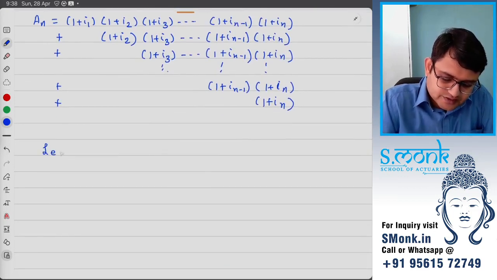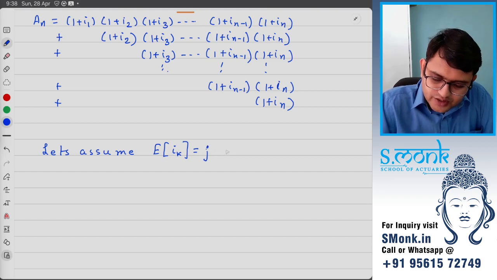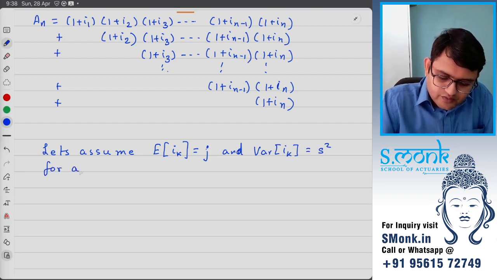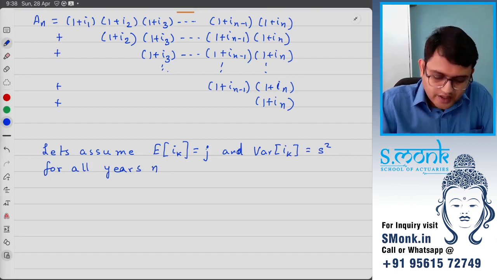So let's assume that the expected value of IK is equal to J, and the variance of IK is S square, for all years n.